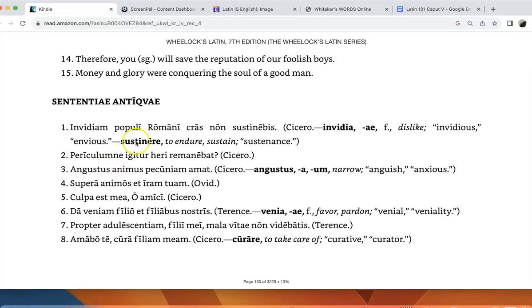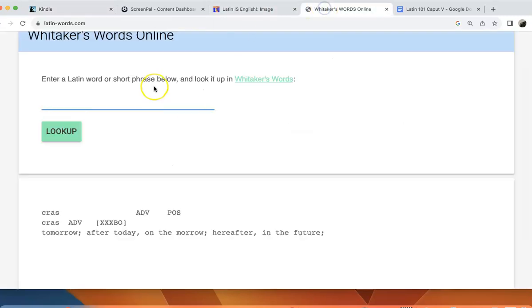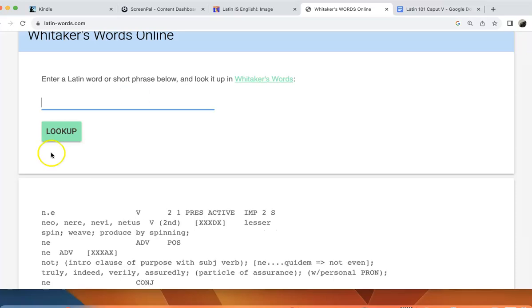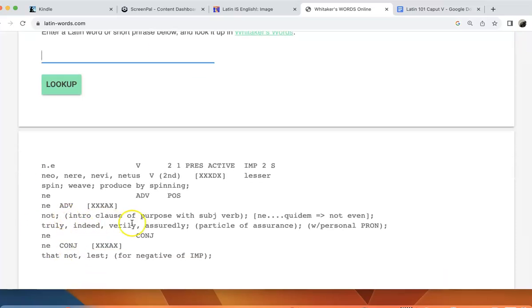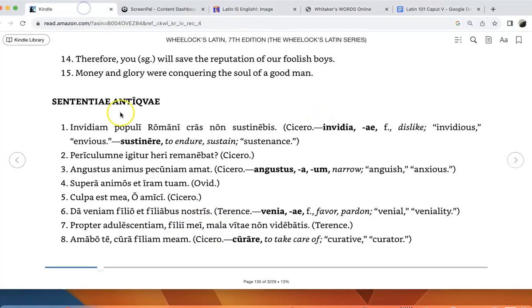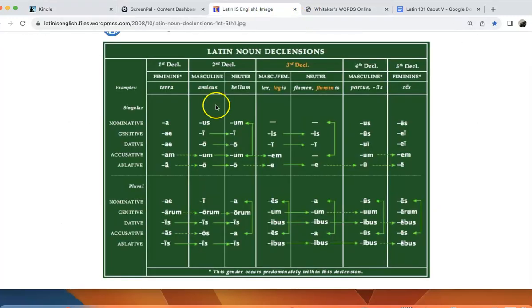So this is called the enclitic. Once again, we don't have this notion in English, but it is used for yes/no questions. But then periculum is the word for danger in Latin.